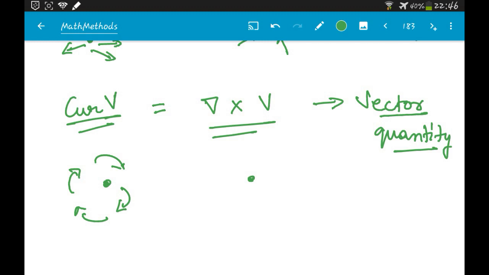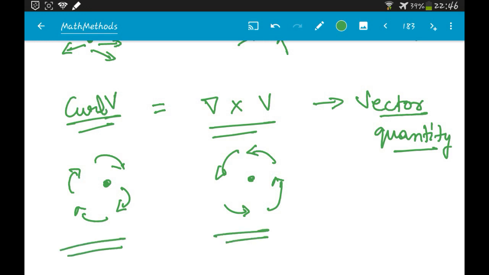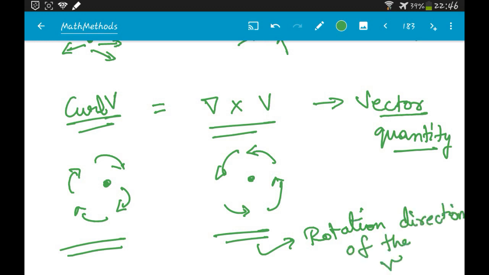Depending on whether the vector field rotates counterclockwise or clockwise, you will have a different sign for the curl of V. So divergence represents the water flowing into or out of a sink, and curl of V represents the rotational direction of the vector field. This is what you can physically understand they mean.